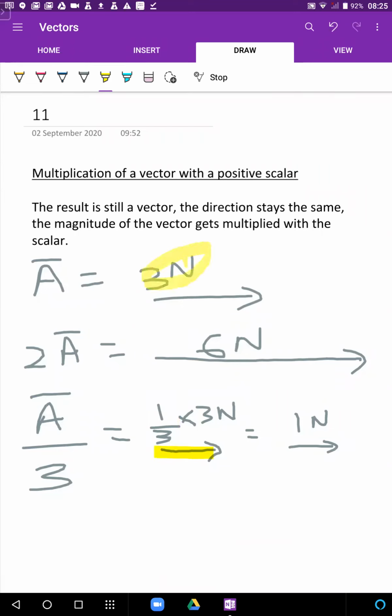Only difference is 3 Newton gets multiplied by 1 by 3. 3 Newton gets divided by 3. So what am I left with? 1 by 3 into 3 Newton. I'm left with a vector of magnitude 1 Newton. Simple, eh? So whenever I multiply this with a positive number, direction stays the same. Whenever I multiply with any number, direction stays the same. Only the magnitude gets multiplied or divided by that number.